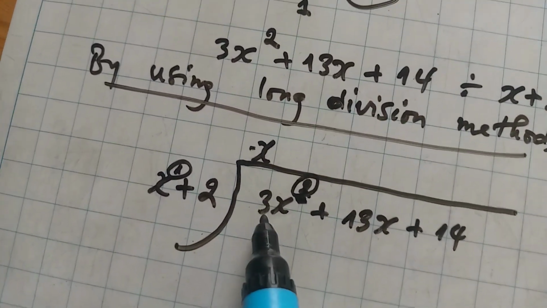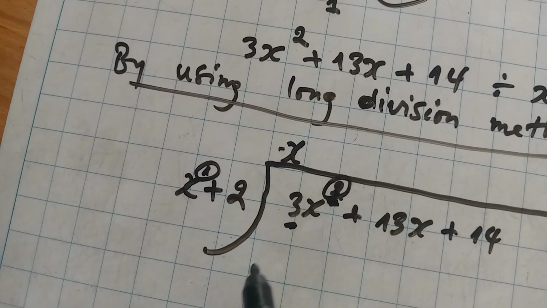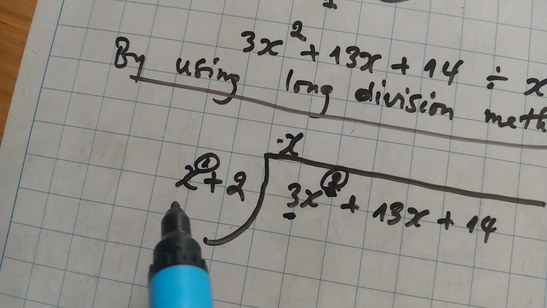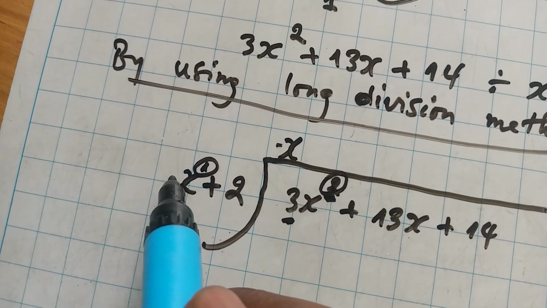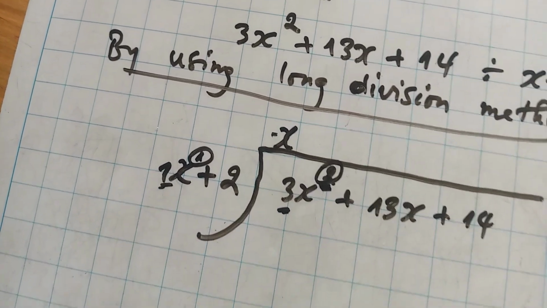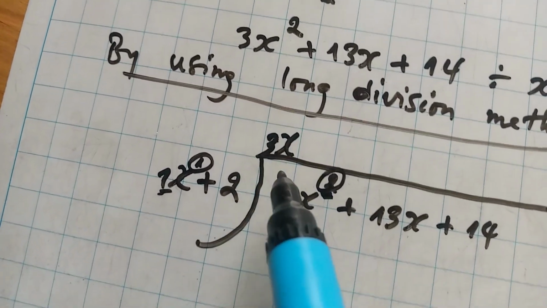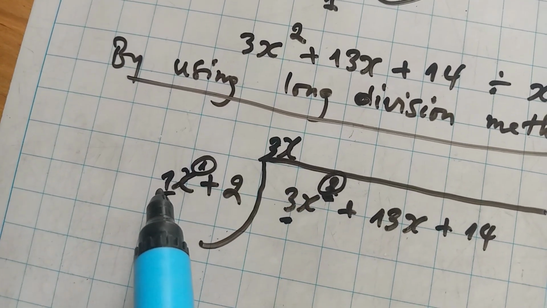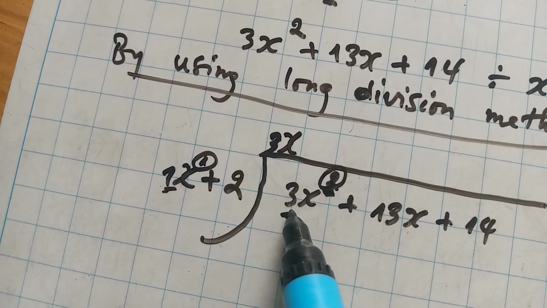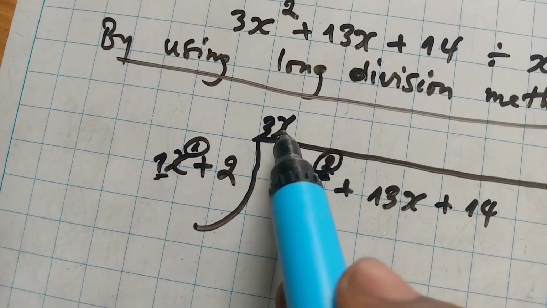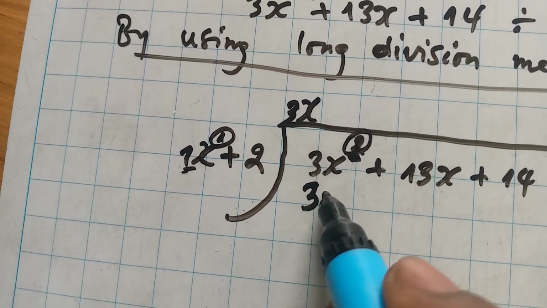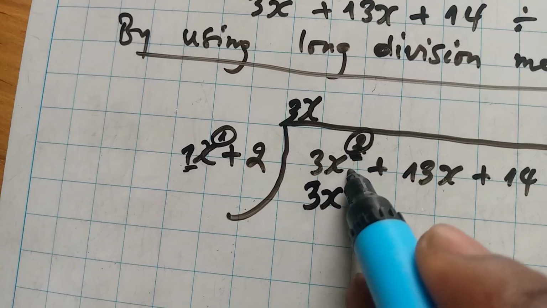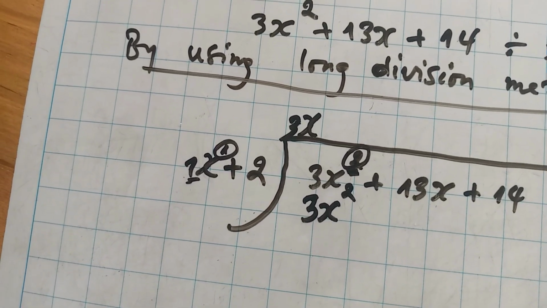You see, here we have 3. Since we have 3 here, we need to multiply a number here. Since we have 1 here, we need the 3 to be multiplied by 1 to get this 3. So we have 3x times x to have 3x squared, right?